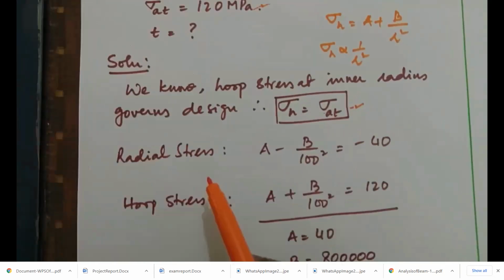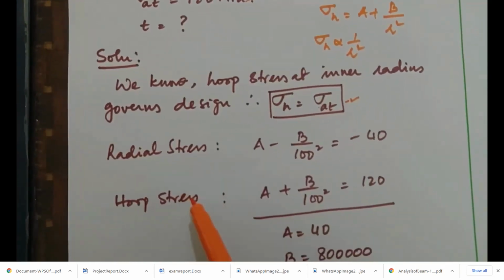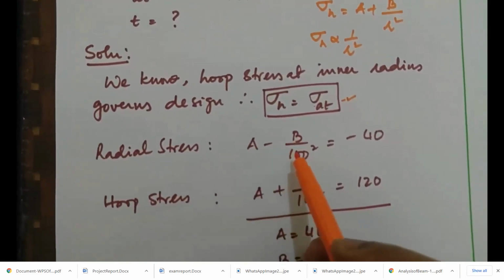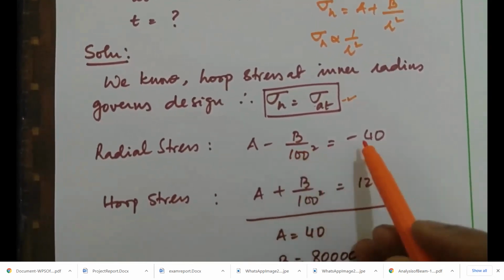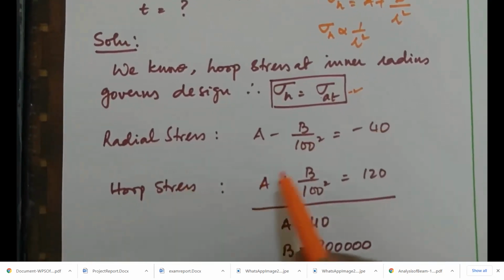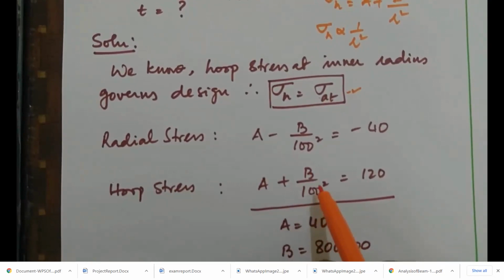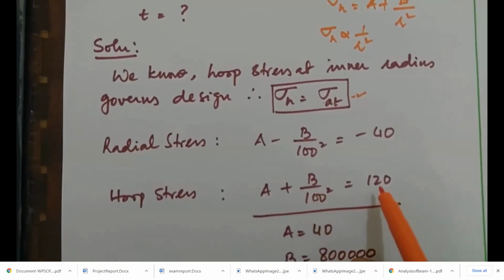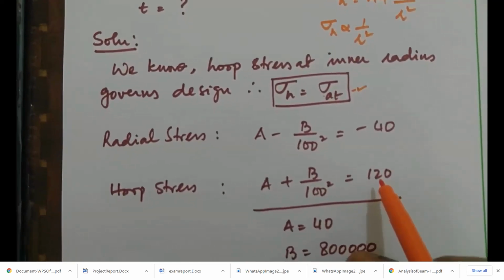Now, we are invoking the radial stress and the hoop stress. Radial stress equation is A minus B by R square. At the inner radius, we know the pressure is minus 40. This is the internal fluid pressure, and the hoop stress is A plus B by 100 square, which is equal to the allowable tensile stress 120 megapascal.